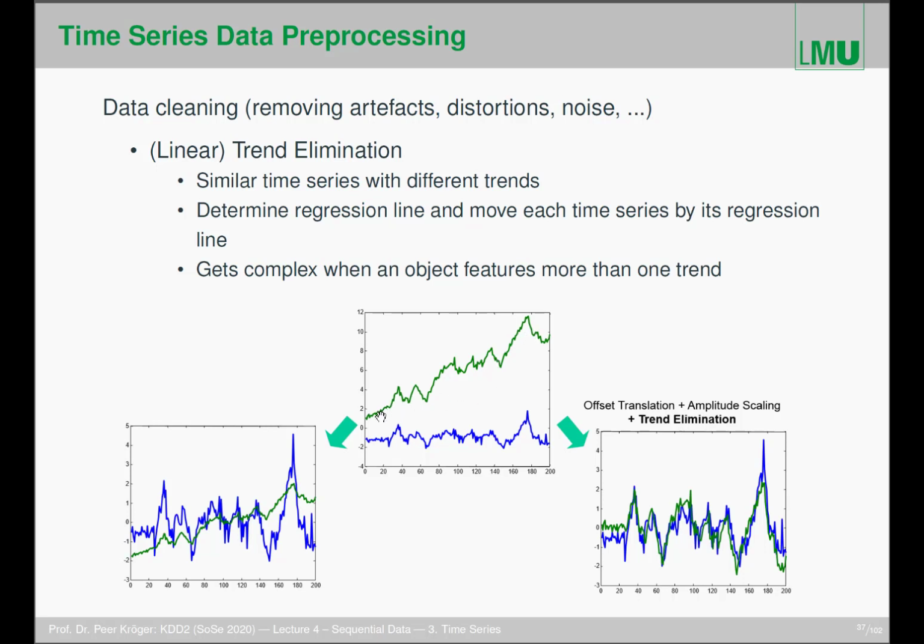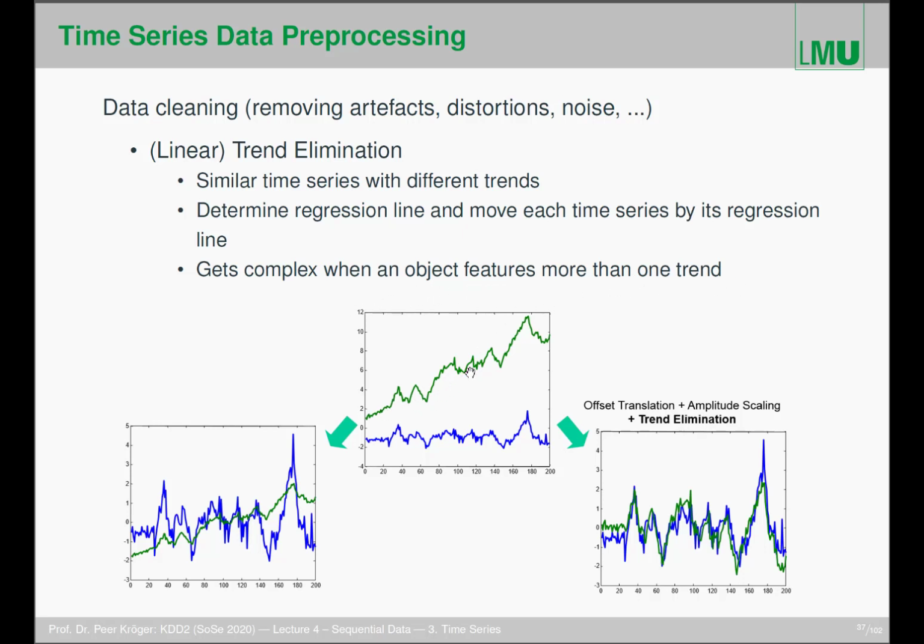They seem to be similar, but this one has a much more ascending trend than that one. If it makes sense from the application side to remove this trend, then you can do trend elimination, where you determine the regression line of each of the time series and shift each time series by its regression line. It gets of course a little bit more complex when an object features more than one trend.